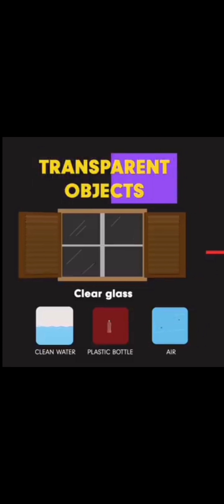Some examples of transparent objects are clean water, plastic bottle, and air. Now students, highly polished surfaces like a mirror, as I have told you, or a stainless steel plate, reflect most of the light that falls on them, and that is why we are able to see the image in them.